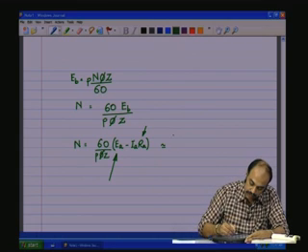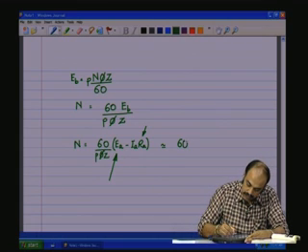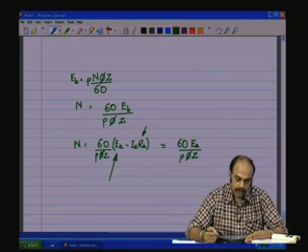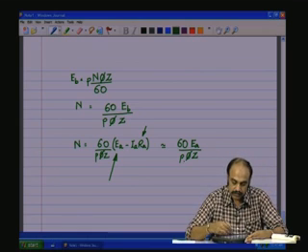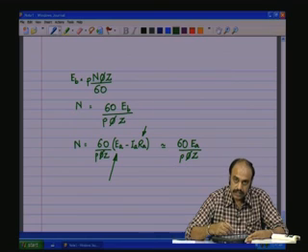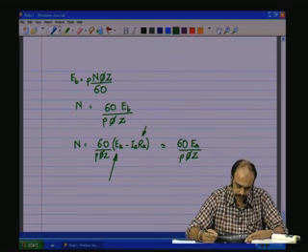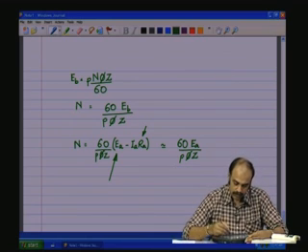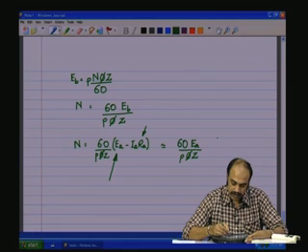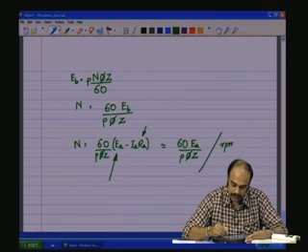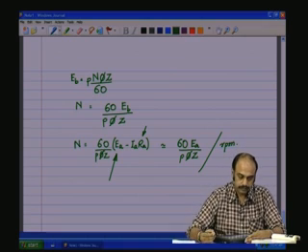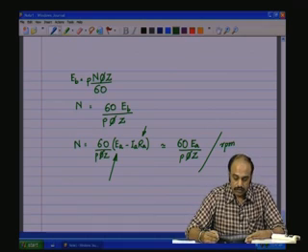Therefore, N will approximately be equal to 60 applied voltage by P phi Z, where Z is the total number of armature conductors, phi is the flux per pole, and P is the number of pole pairs. And this is the speed equation in RPM.